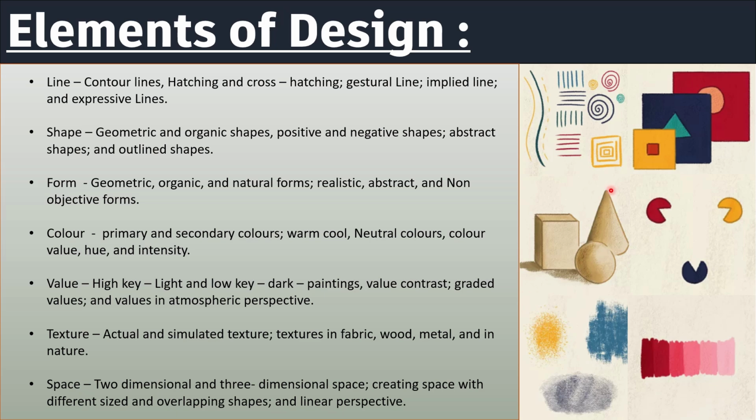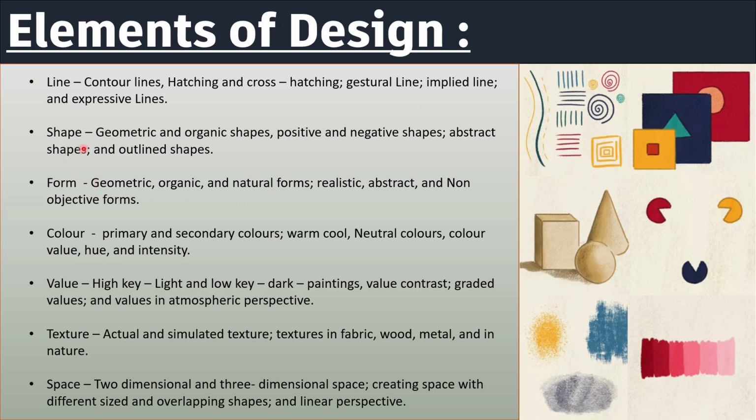So if we talk about line, there are different types of lines, okay, and certain lines speak for themselves, like cross hatching, you can see over here, or a spiral line. They depict something, right? Then we have shapes, then colors, okay, the forms, etc. So basically you have to look for everything here. Okay, these are the basic shapes and elements, like line: contour lines, hatching and cross hatching, gesture lines, implied lines.